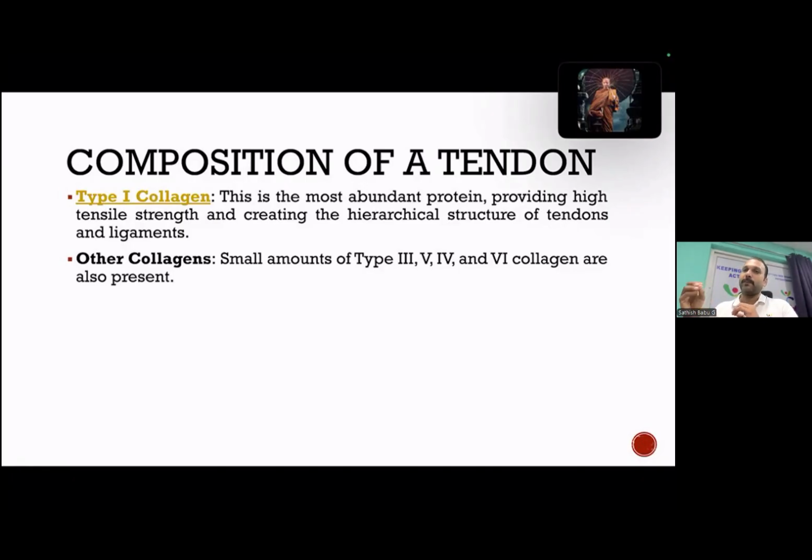So in that, primarily the collagen is there. Collagen is the ground substance, or the protein, which is a non-living thing. It is a structural protein, but it is provided by the cells, and it is present in the tendon. There are other living structures also in the tendon, as well as some amount of blood vessels and a nerve supply to the tendon.